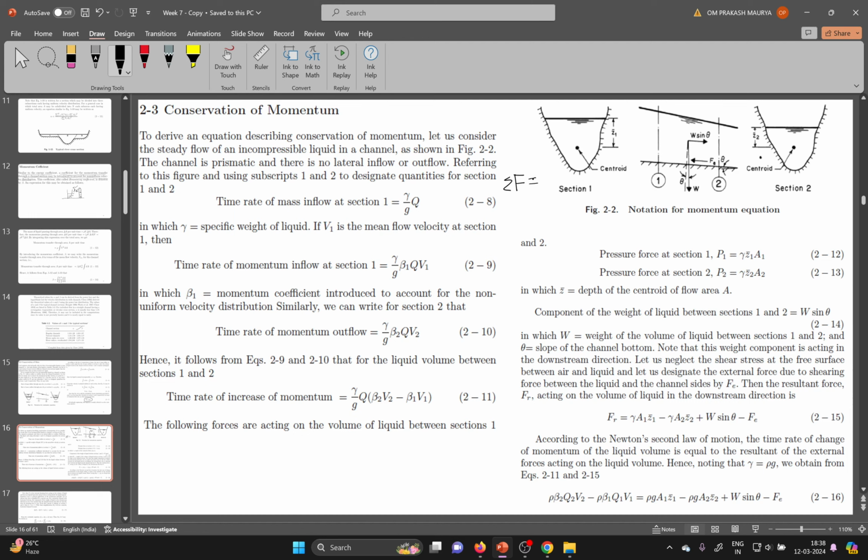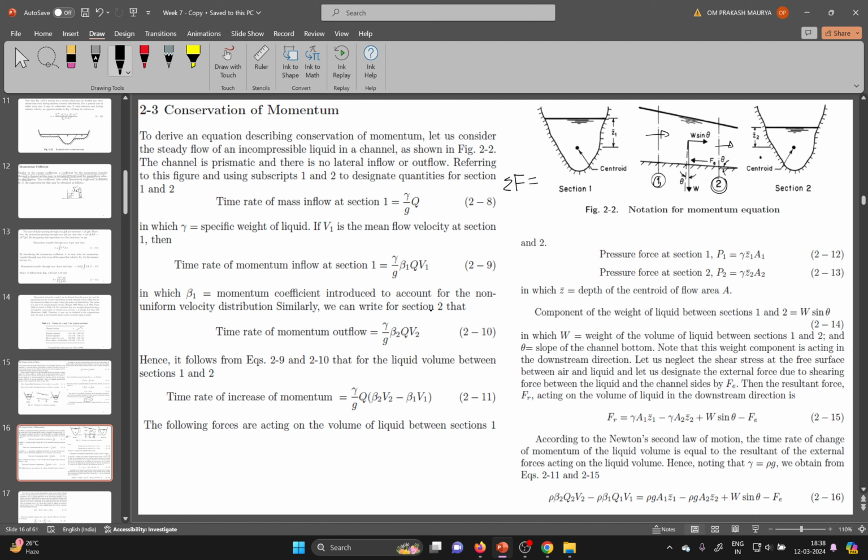That depends on the rate of mass inflow and rate of mass outflow. If we consider a channel and a control volume, with section 1 and section 2, how much mass comes in and how much goes out.